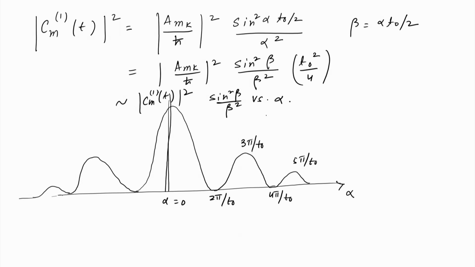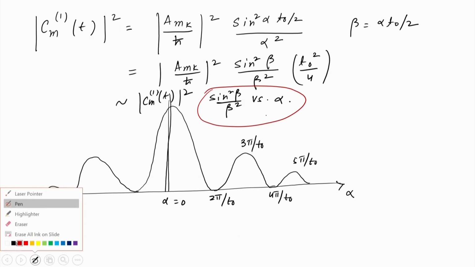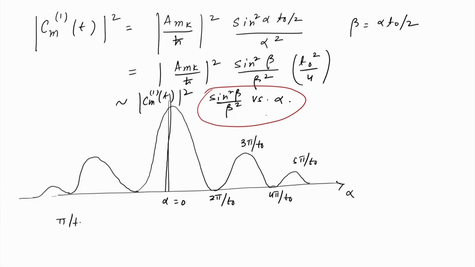All right. So, this is a plot of sine square beta by beta square versus alpha, and pi by T 0 corresponds to this entire thing A mk by h cross square, T 0 square by pi square, times T 0 square by 4.